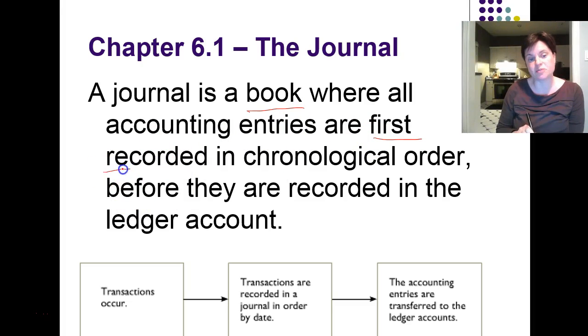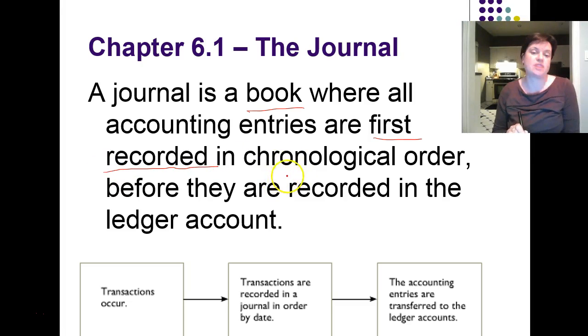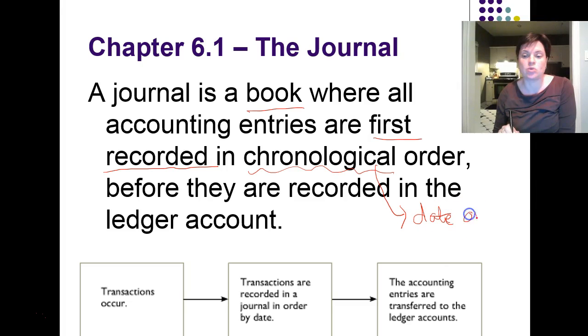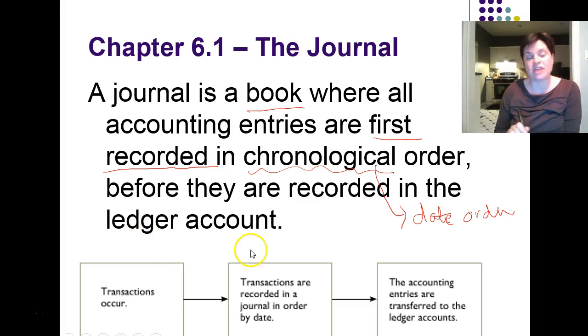So this is the first place we're going to record the accounting transactions, and we're going to record them in chronological order. What that means is by date. If you've never heard that term before, it's date order.